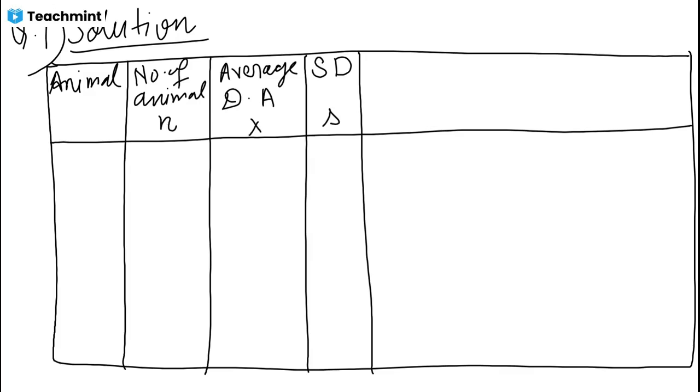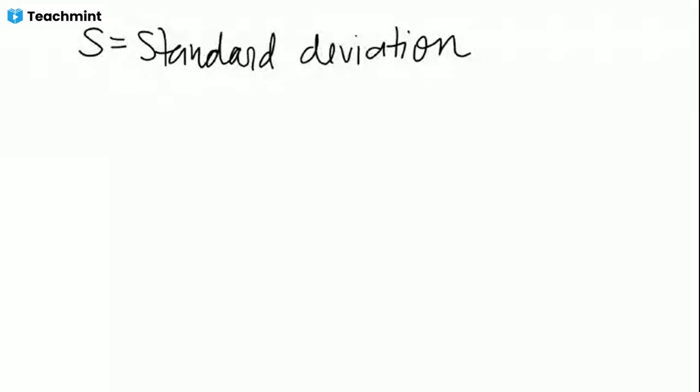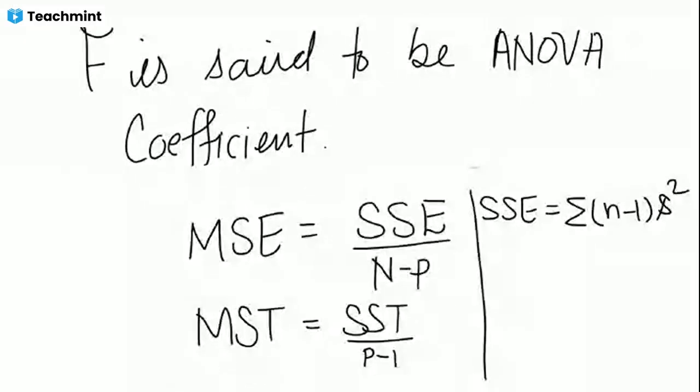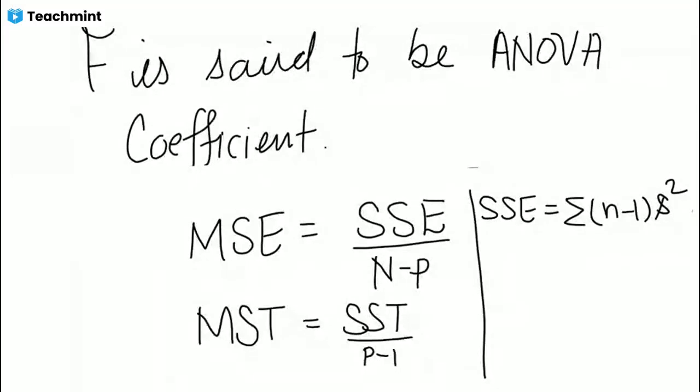To find MST, we need SST, and SSE. To find this MST and MSE, we need these. MSE we can find by using this, and MST we need. So now let us find it.